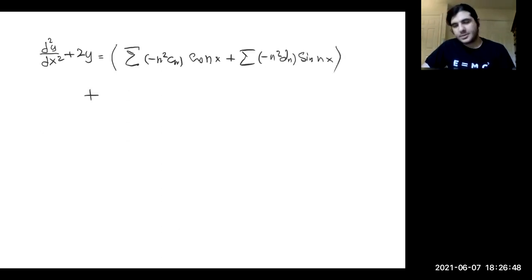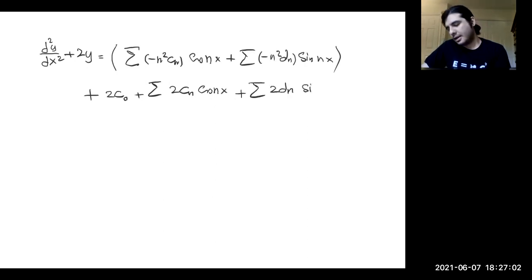Plus 2y. What was y? Well, we had that also. It would be 2c naught plus sigma of 2cn cosine nx plus 2dn sine nx.